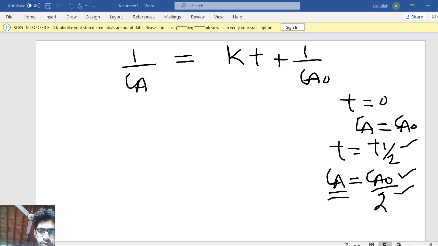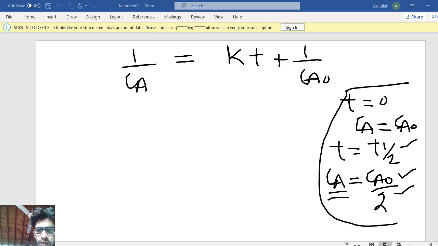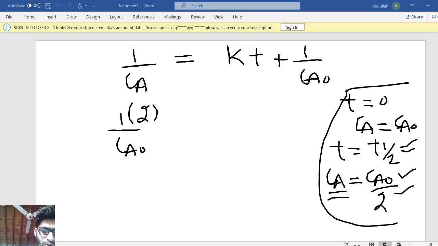Now we will use this condition. When time reaches the half-life of the reaction, C_A reaches C_A naught divided by 2. So we put C_A naught divided by 2 here, and the 2 will come to the numerator.